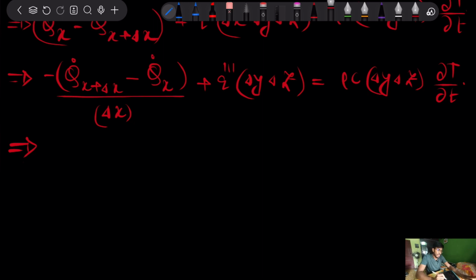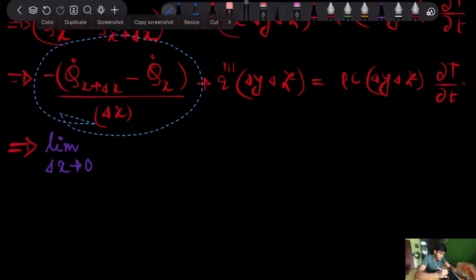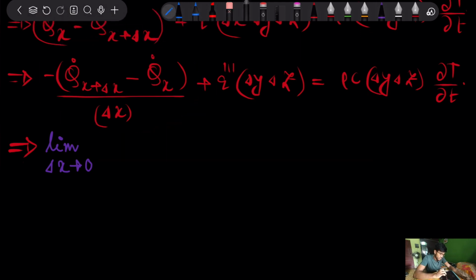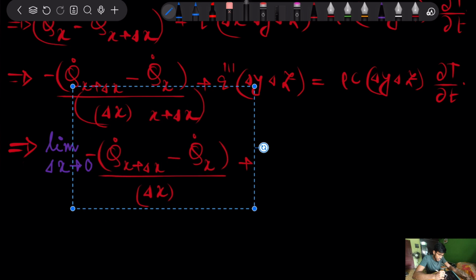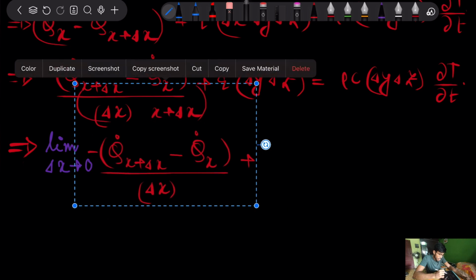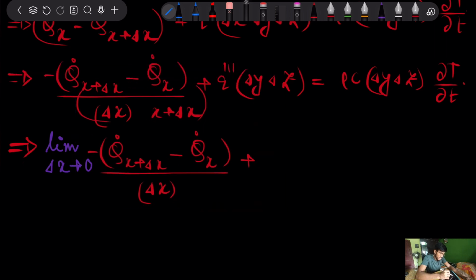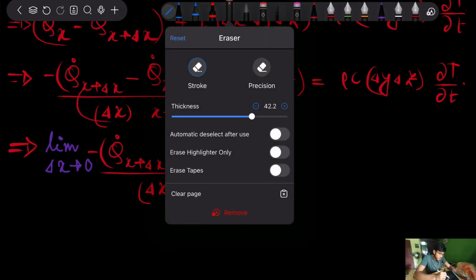So, now if I put a limit, that is limit delta x tends to 0, and it will be taken on this first expression.